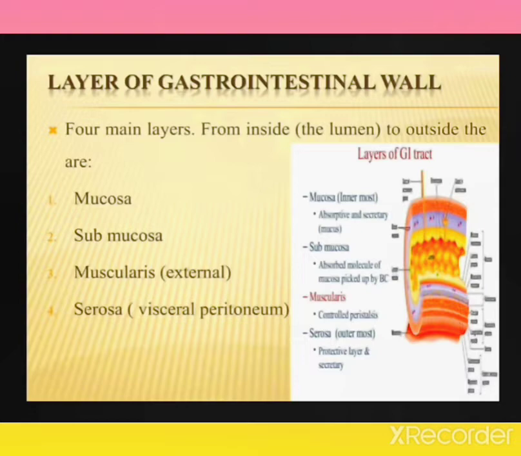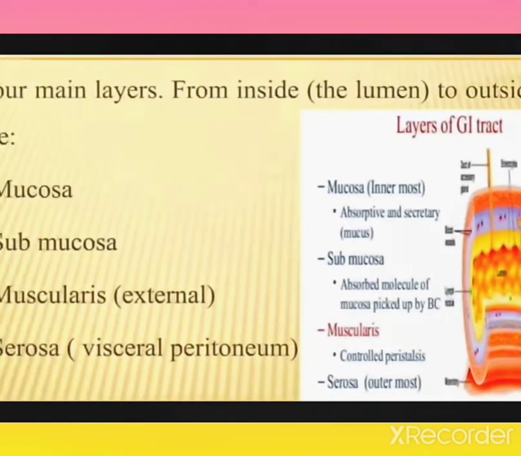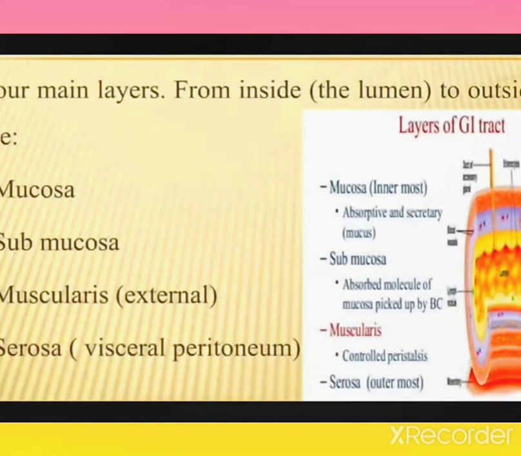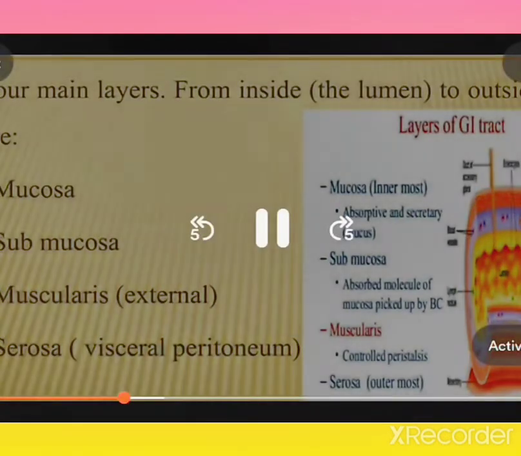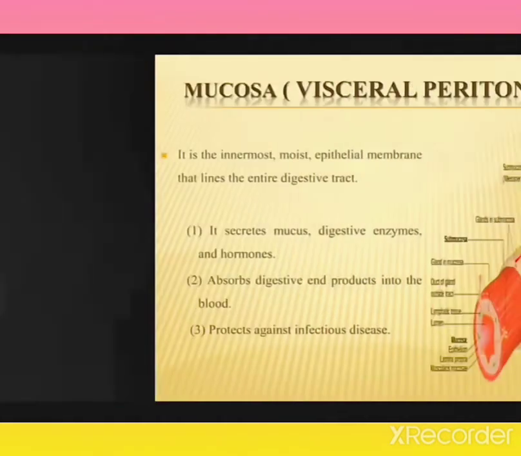If you look at the picture, it is very clear. You have the innermost layer, the lumen, this yellow hollow part which is highlighted in the picture, and then the mucosal layer followed by submucosa, muscularis, and the serosa. So these are the layers of the gastrointestinal tract.